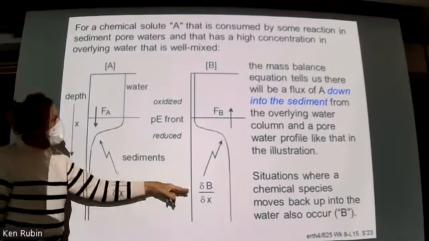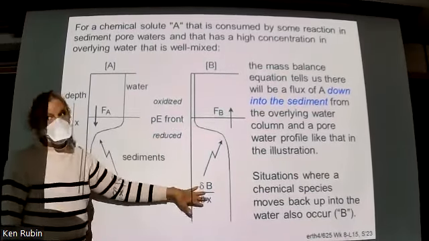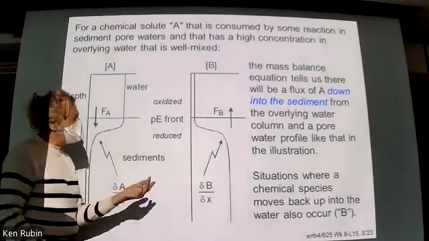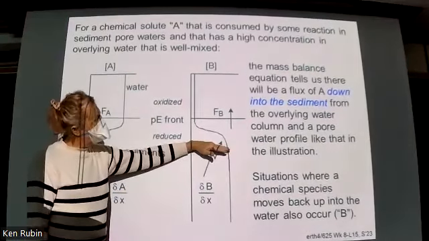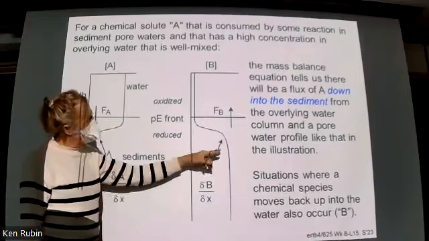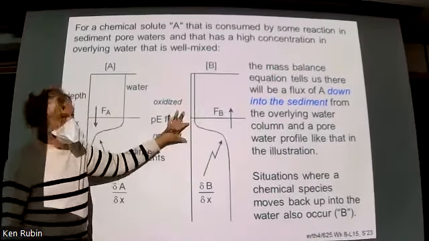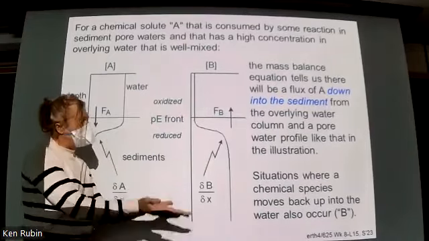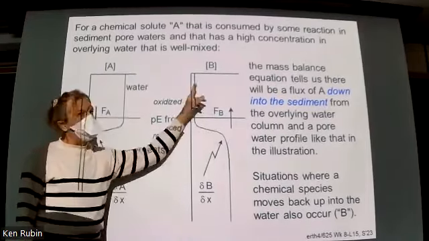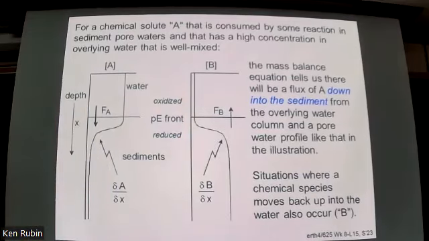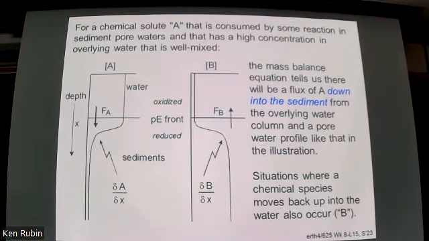And in this case, where we have something that's low in the water and it's being produced in the sediments, like iron 2+, it's being produced somewhere down here. But because we have a change in B in this direction over a change in X, diffusion is pushing it up through the sediments. So we've got a flux that is coming out of the sediments. And this is the process, for instance, you've heard about with manganese nodules that we find on the seabed.